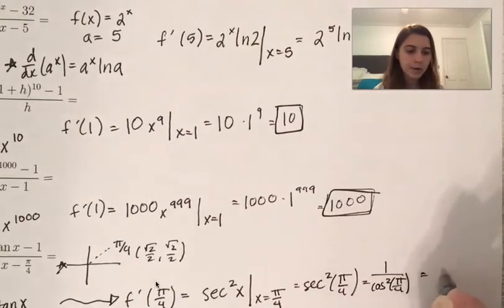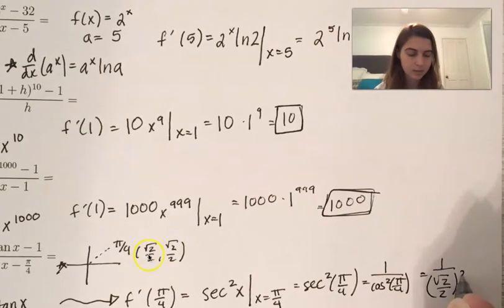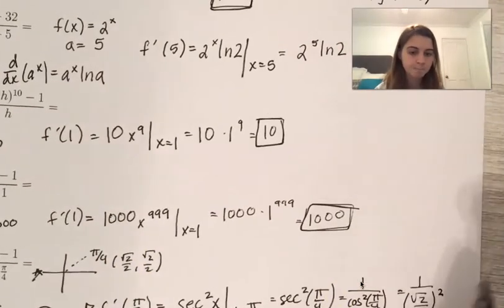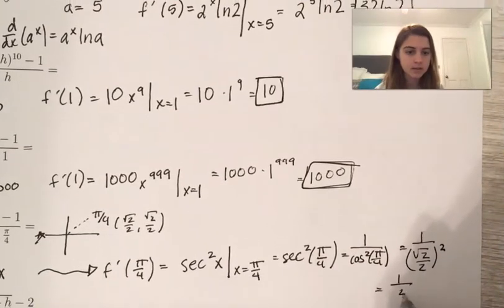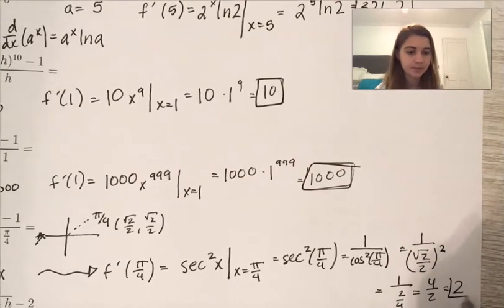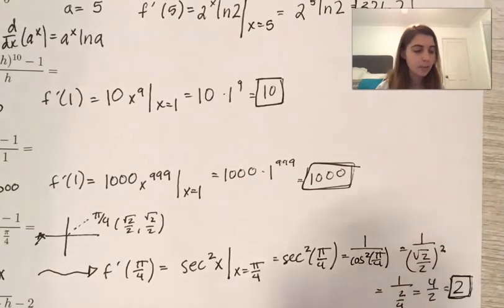And then we get 1 over root 2 over 2 using this coordinate we've been given. And the answer to that is 2. That took a couple equal signs.